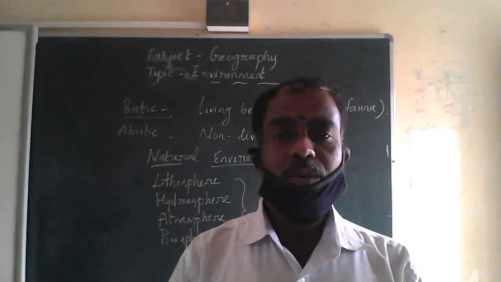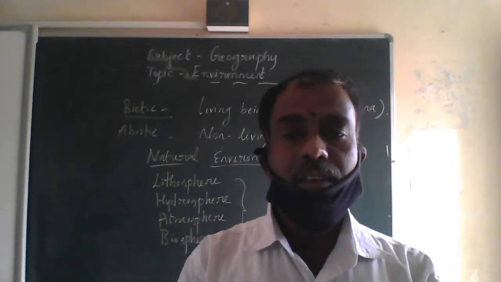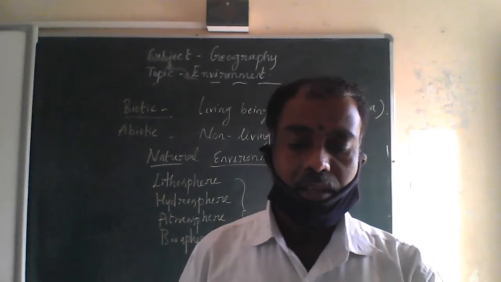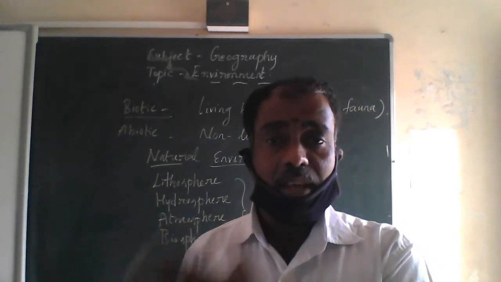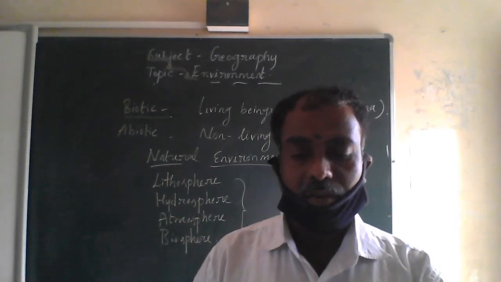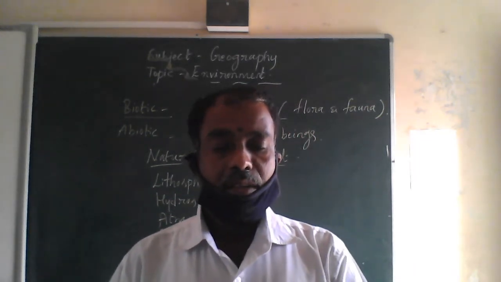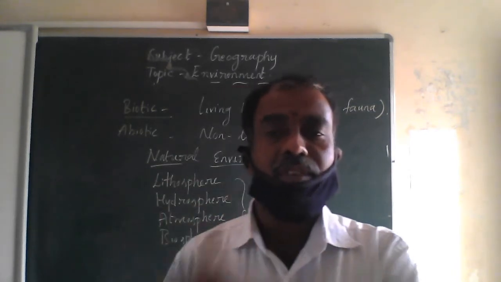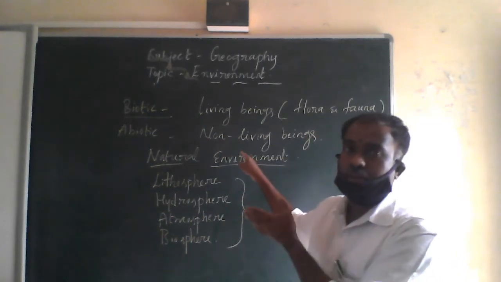The natural environment consists of the lithosphere, hydrosphere, atmosphere and biosphere. The environment is a combination of natural and human-made phenomena. The natural environment refers to both living and non-living beings, which we call biotic and abiotic.